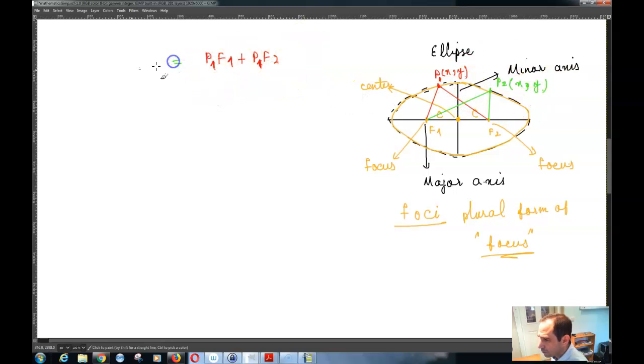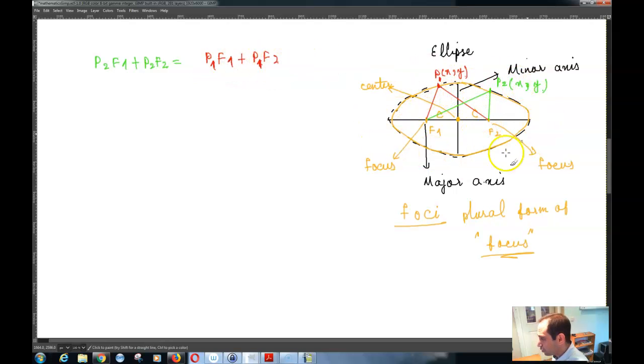So then I can write, for example, P2F1 plus P2F2 is equal to P1F1 plus P1F2.